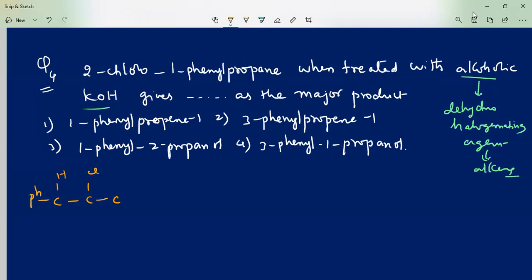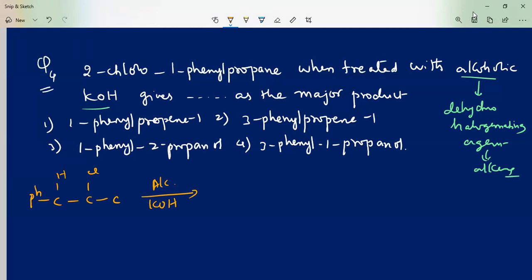If you take this adjacent carbon, in the presence of alcoholic KOH, beta elimination takes place, and it gives the more substituted alkene. That means the highly substituted alkene will be formed when we remove hydrogen from the phenyl attached carbon.